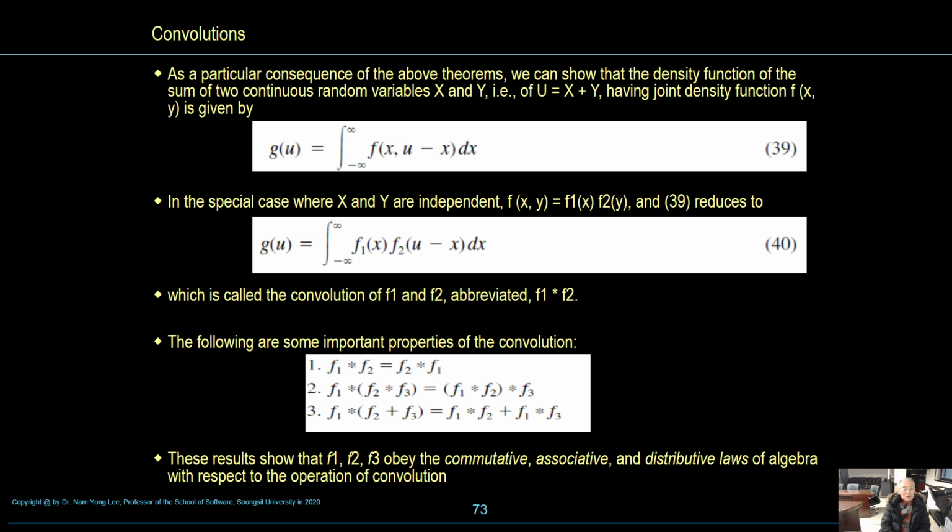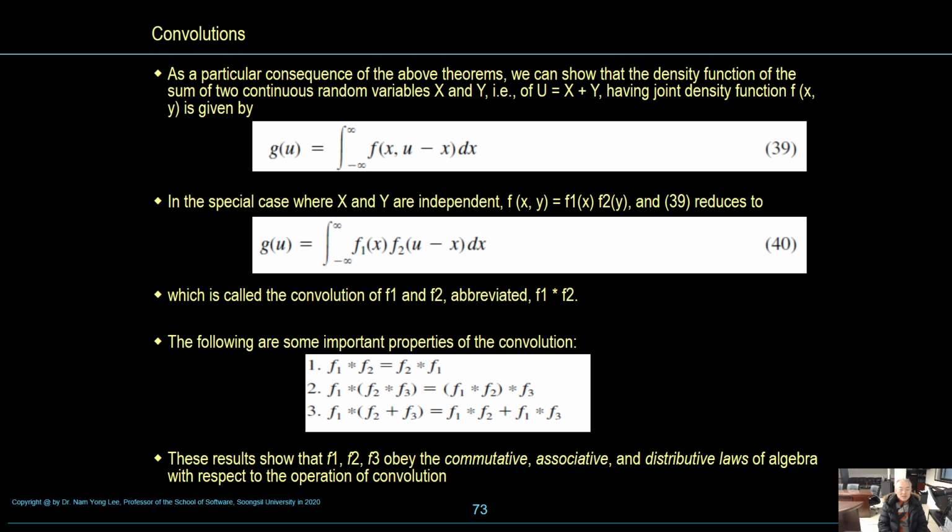Let's talk about convolutions. As a particular consequence of the above theorems, we can show that the density function of the sum of two continuous random variables X and Y, that is U equal X plus Y, having joint density function f(x,y), is given by g(u) equal to the integral of f(x, u minus x) dx.